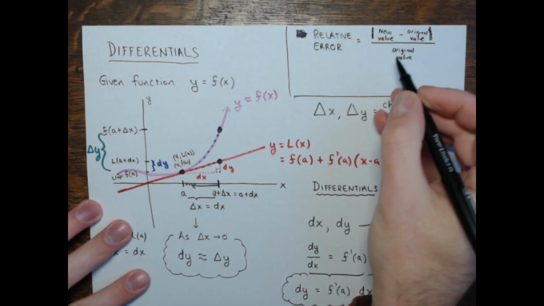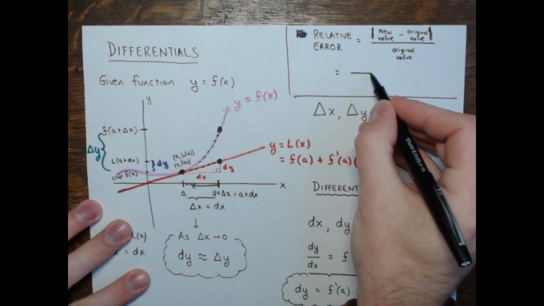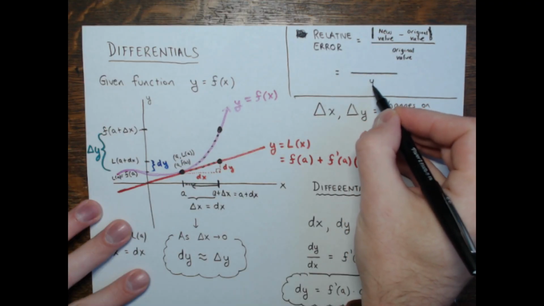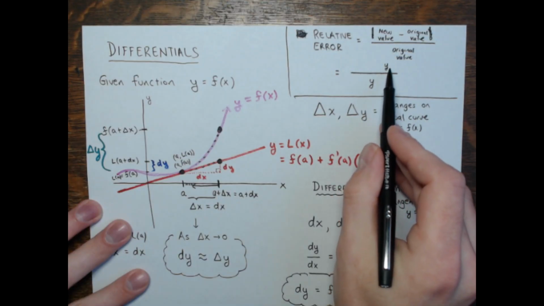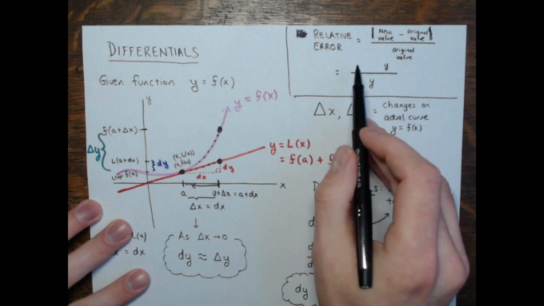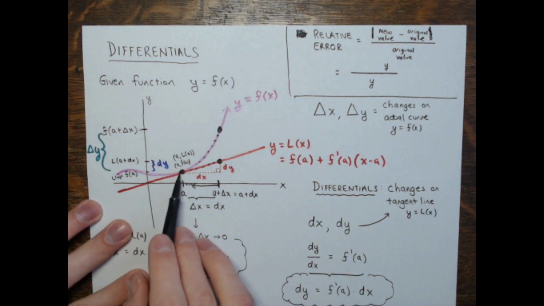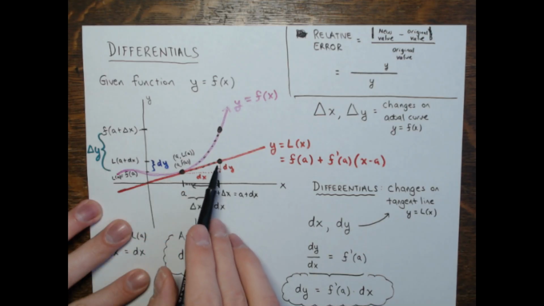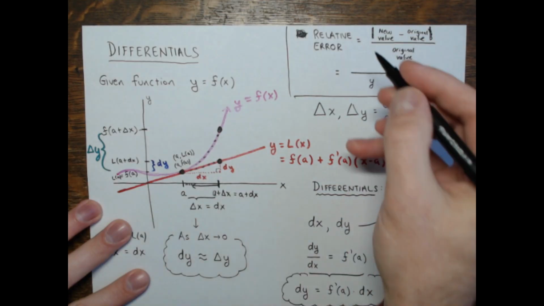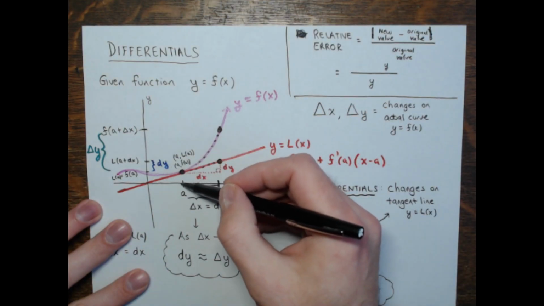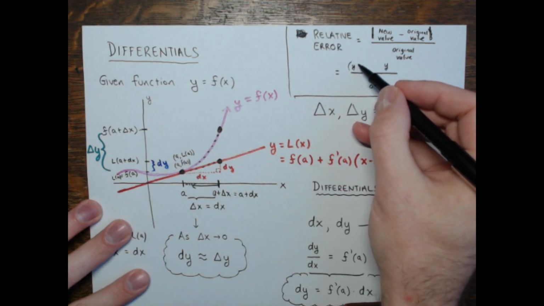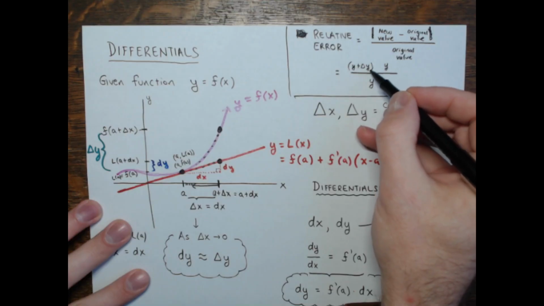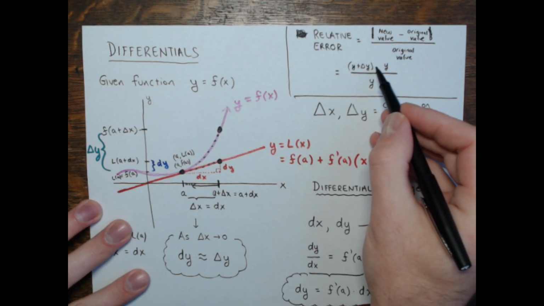Right, so you have some original value, which is some y value. And then you change it. Right, I have some original y coordinate, this f at a. I change the input, get a new y coordinate. Now the new y coordinate is simply going to be the old one plus delta y. So you have y plus delta y for the new value.